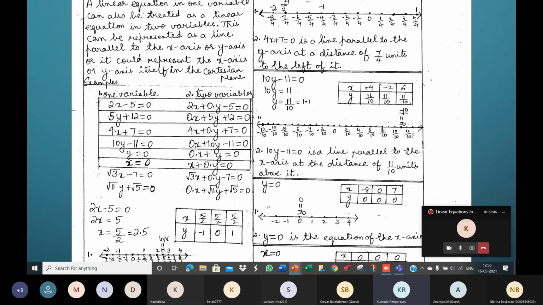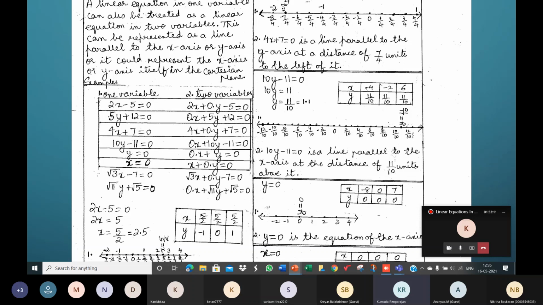Maybe Kanishka thought the y-axis is to the left of the line. I understood, you thought that way. So the new line is at a distance of 2.5 units to the right of the y-axis.